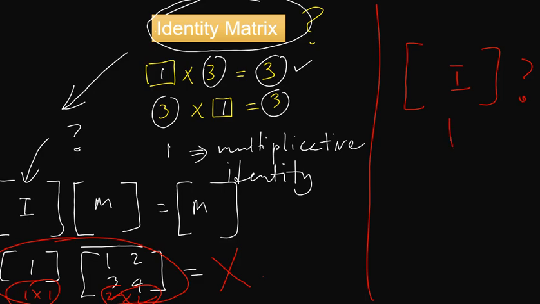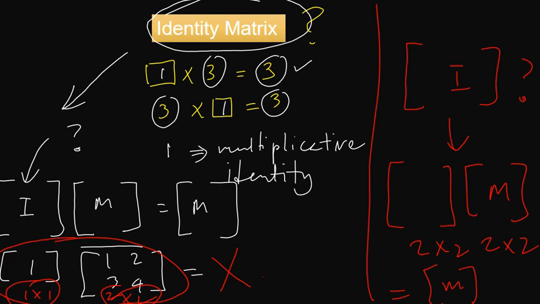Okay, first, if the order of your matrix is 2 by 2, your identity matrix must also be 2 by 2, so that you'll get the answer the same as M, 2 by 2, right?